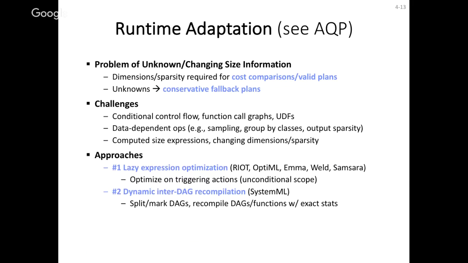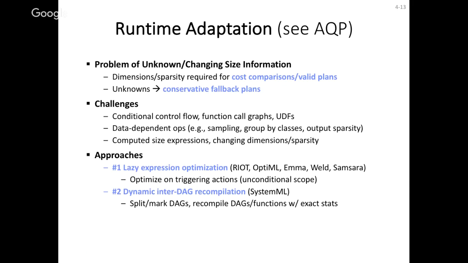Now, this is typically approached with either lazy expression evaluation, which greatly simplifies the compilation process, because suddenly you only deal with unconditional DAGs of operations, where you know the sizes of intermediates and you have a very small scope according to exact statistics on the input, or dynamic recompilation. Especially for systems like SysML that have an optimization scope of an entire program, you have unknowns for certain intermediates.